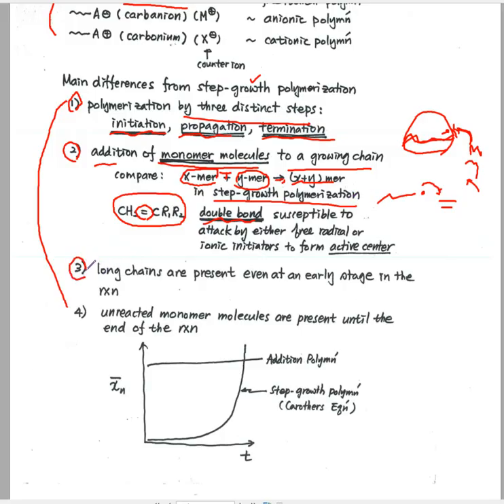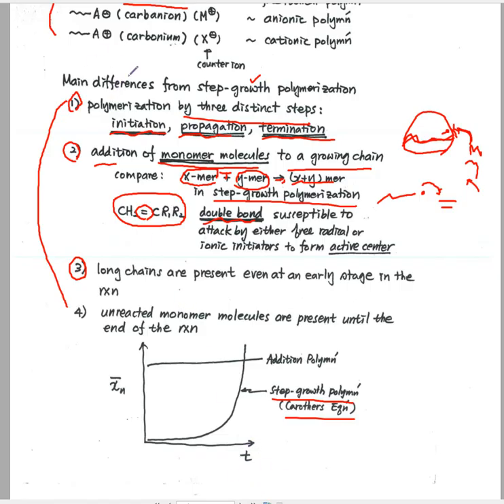The third feature of free radical polymerization is that long chains are present at an early stage in the reaction. If you recall, in step growth polymerization, from the Carothers equation, we needed high conversion to achieve high molecular weight or long chains, right? Which means that we also need long reaction time.